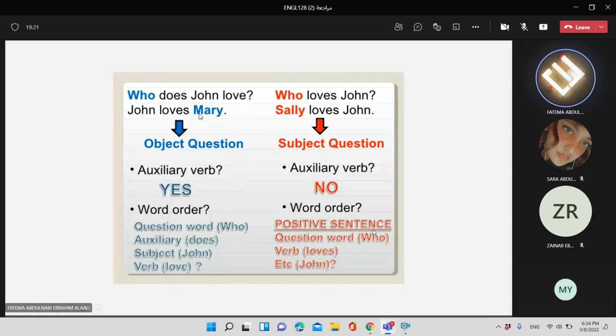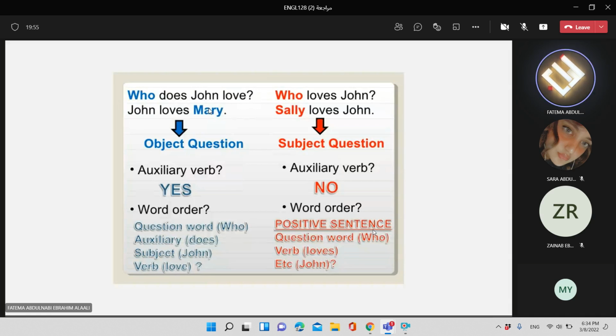John loves Mary. If we don't know who John loves, we have to form an object question using the WH word that suits the object. In this case, Mary is a person, so that's why we choose who. What if the sentence was John loves cats?